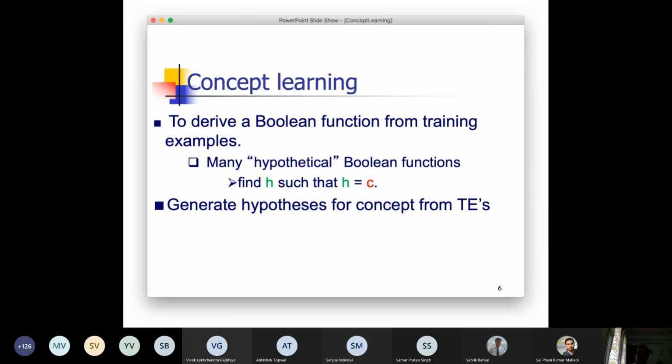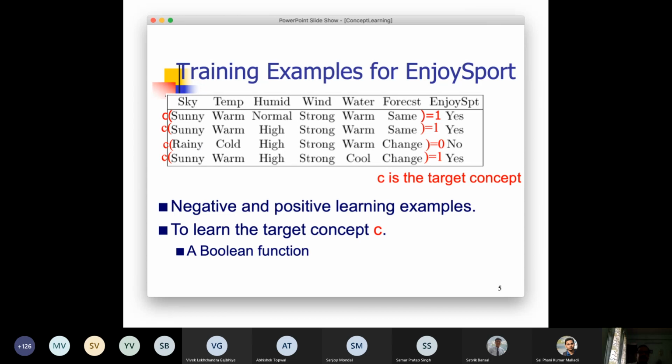If I consider this particular example, how many variables are there? How many attributes are there? If we go back, there are 6. 1, 2, 3, 4, 5, 6.